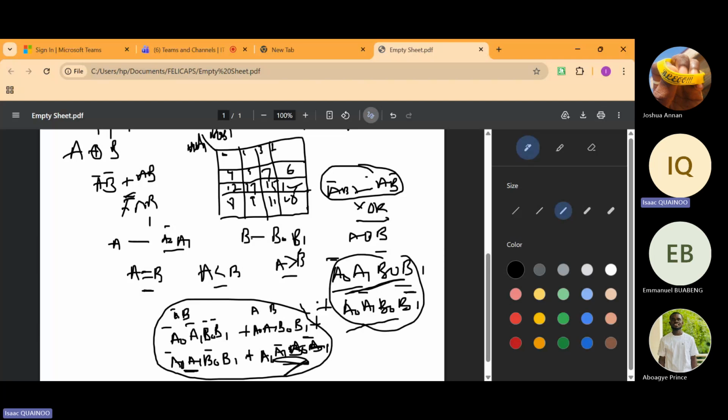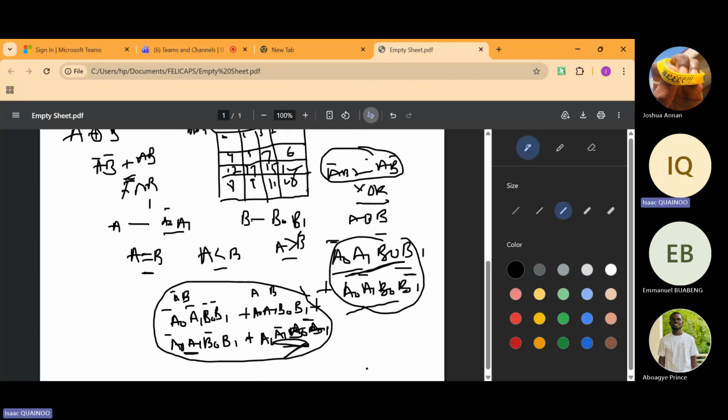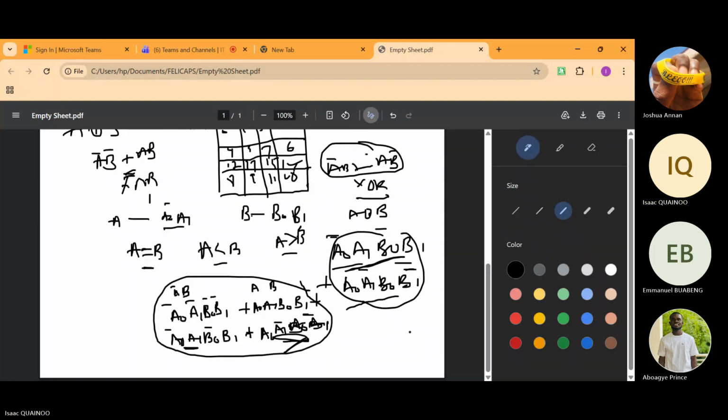So from this, we can make a conclusion that for a 2-bit magnitude comparator, A equals B will be the XOR, or we will compare with an exclusive OR for all its input variables. So that is for A and B. So for A1 and then B1, they are going to be an XOR of each other.